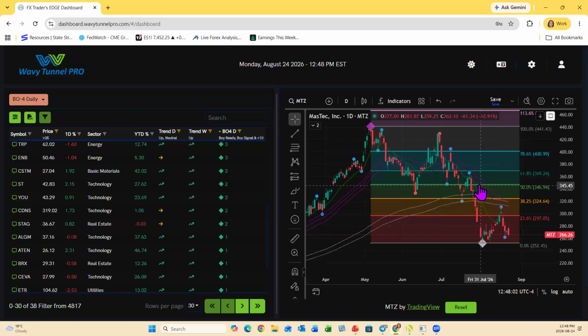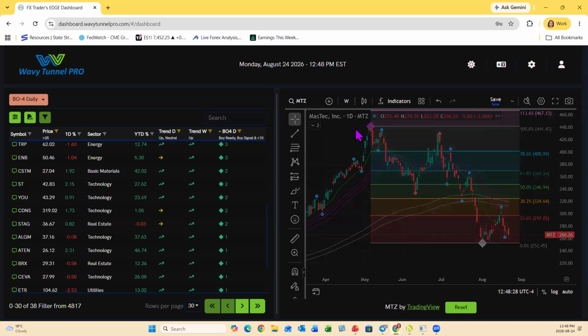Okay, MTZ, the other chart looked much nicer because this, you see the waves here? They're pointed down and they're crossing below the tunnel. So that tells me that something else is going on. And when the wave is completely below the tunnel, it means that we're entering a downtrend. So we can see it better on the weekly chart.